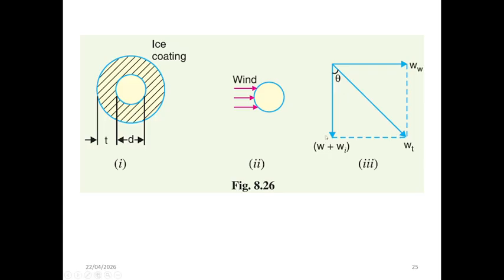So we have a vertical and a horizontal force here, and WT acts at an angle theta to the vertical. This resultant force determines the actual tension and sag of the conductor under combined loading conditions.